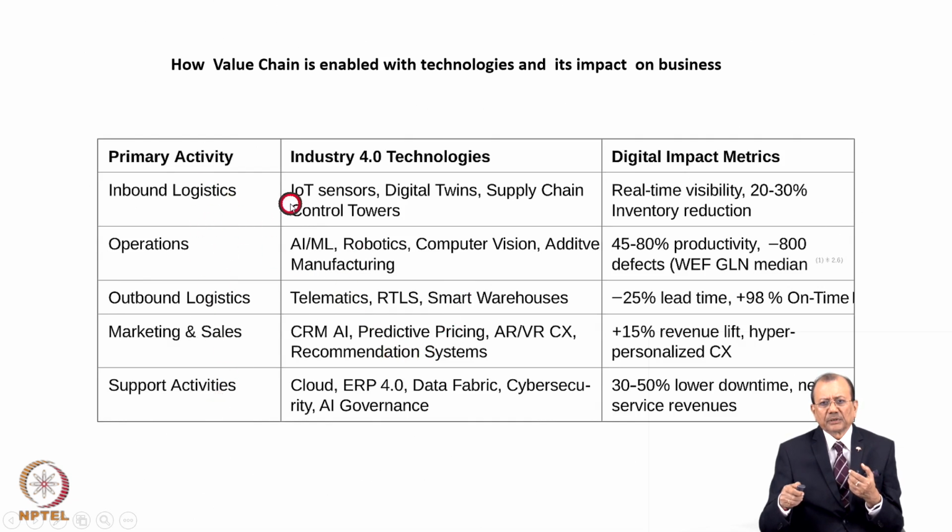But somehow, to understand how digital IoT sensors will help in inbound logistics, how supply chain control towers or supply chain solutions will help in inbound logistics. Similarly, how computer vision and additive manufacturing will help in operations. So we have to maintain a relationship between the activities and the technologies. And what is the business impact?